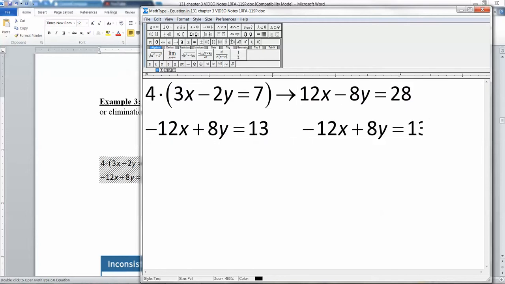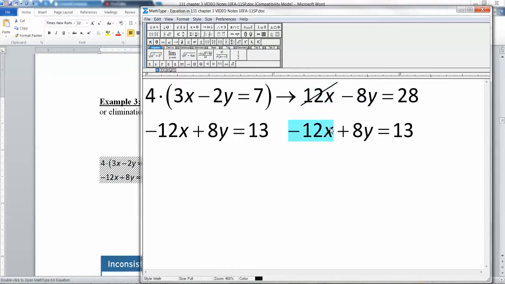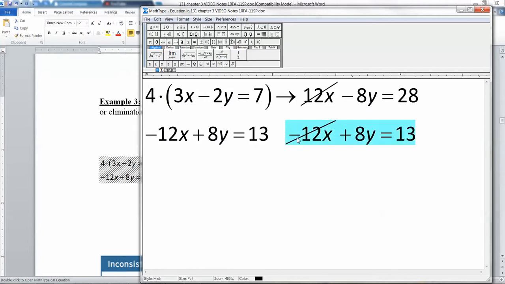All right. Okay, well, when I add them up, this is going to go away, right? Because 12x, take away 12x, makes 0. So over there it's gone.